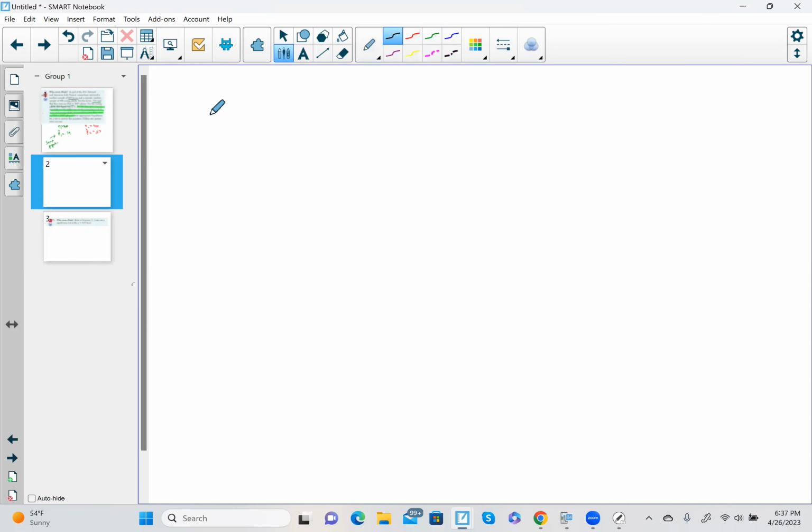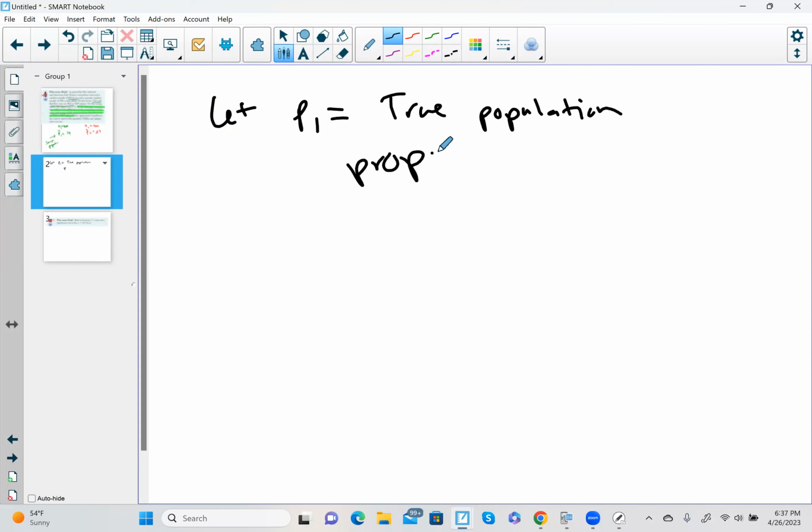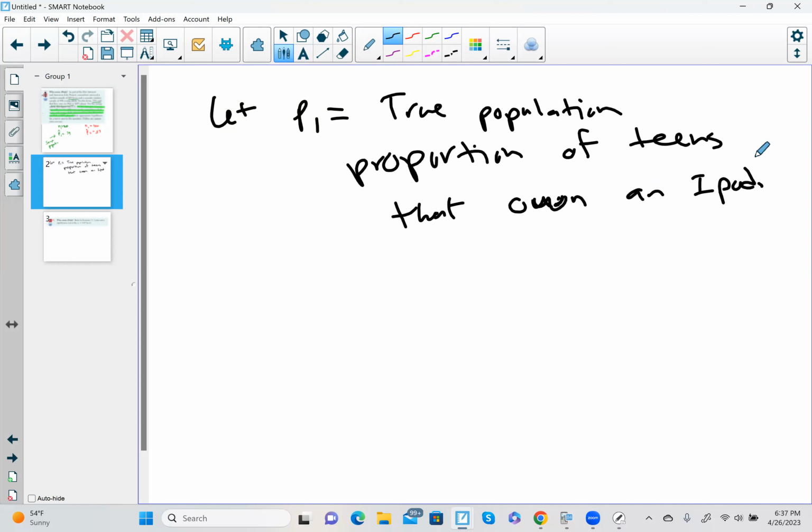We start off by saying, let p1 equal the true population proportion of teens that own, I'm sorry about that, own an iPod. So I'm assuming you guys know what an iPod is, right?